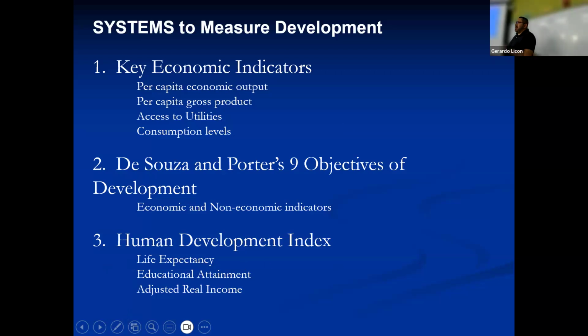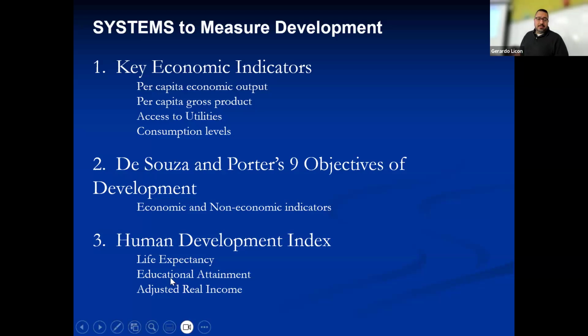So it turns out that when people are poor, they're not only having a lower quality of life, they're also literally having a shorter life. And so it's not just about quality of life, it's also length of life. Poor countries tend to have a lower life expectancy. People die younger.